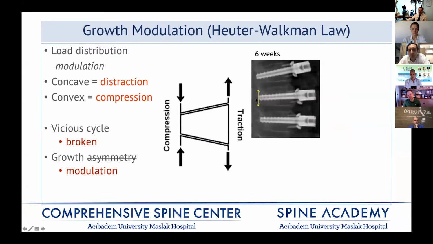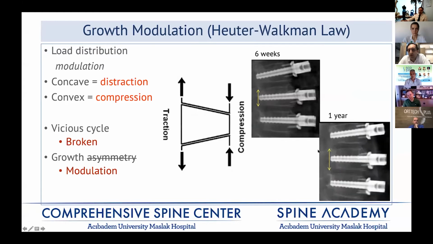6 weeks after the surgery, you can see the height of the vertebral body in the convex and concave side. And 1 year later, you can see the amount of growth modulation we get. This side is growing less, but the other side is growing more. So now we are almost getting back to a rectangular shape in the vertebral body.